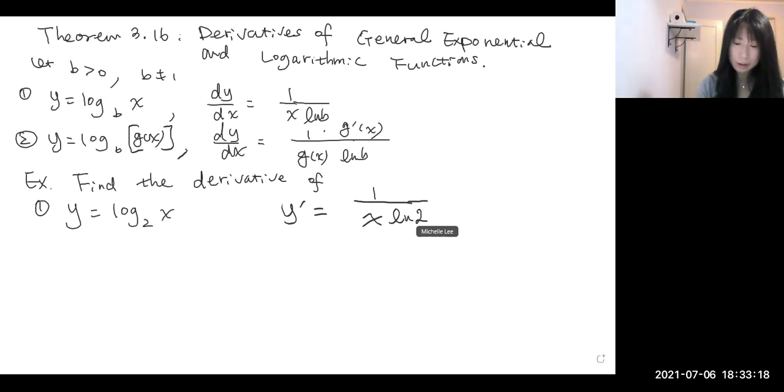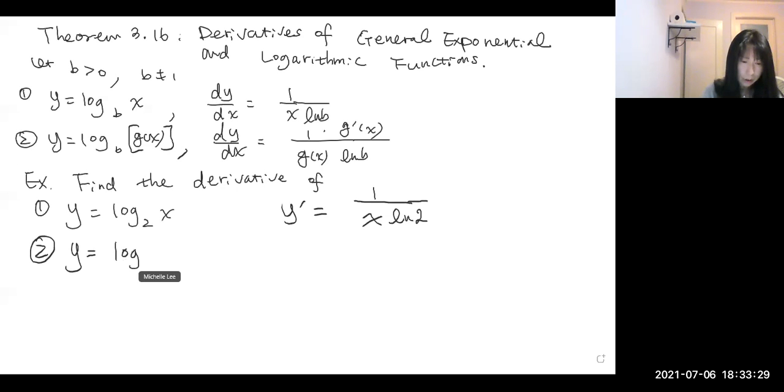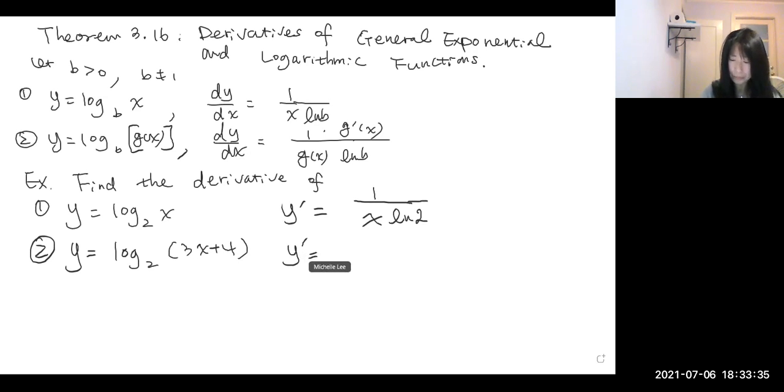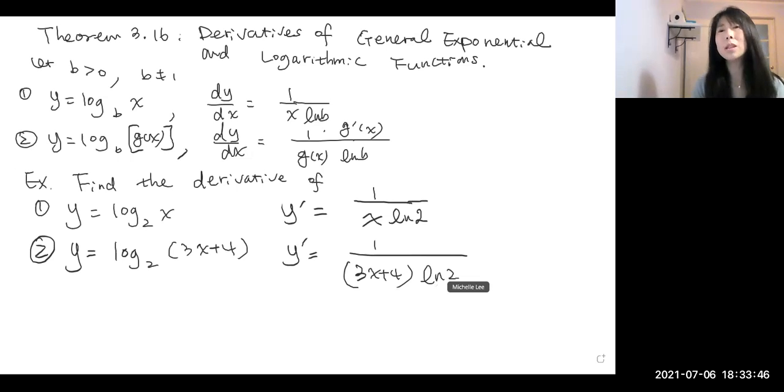Just wait. y equals, let me see which one I have. Log base 2 of 3x plus 4, y prime. We get 1 over whatever is inside, bring down 3x plus 4, and ln 2. This is how we apply this one, okay?